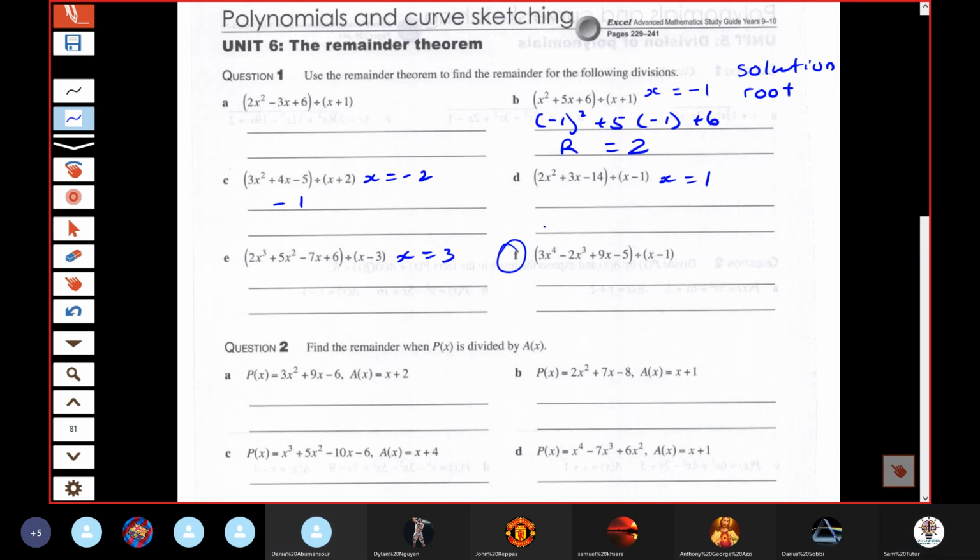Cool. And like I say, if you do the whole division, you should have still got a remainder of -1. So now we understand the idea of the remainder theorem. Nothing too fancy. 2 plus 3 is 5, minus 14, minus 9, and then subbing in 3.